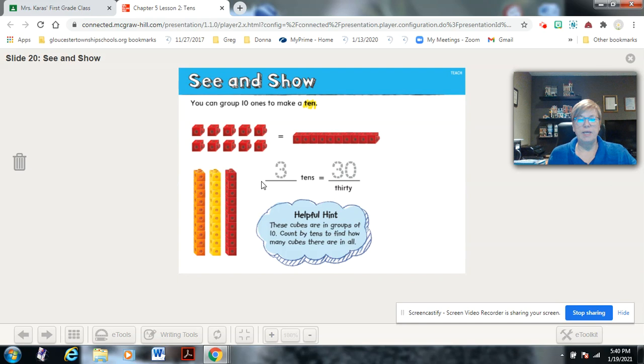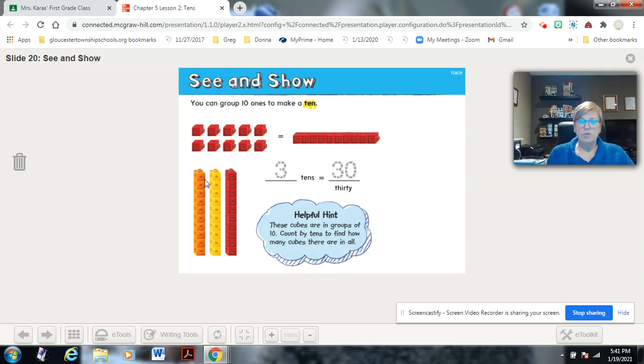We've done this many times. So let's double check. 1, 2, 3, 4, 5, 6, 7, 8, 9, 10. Now notice they have them laid out just like you would do on a 10 frame. Okay, so that way it's easily seen that there's 2 groups of 5s there, and they push it together to make the group of 10.